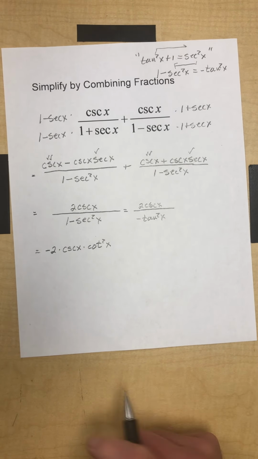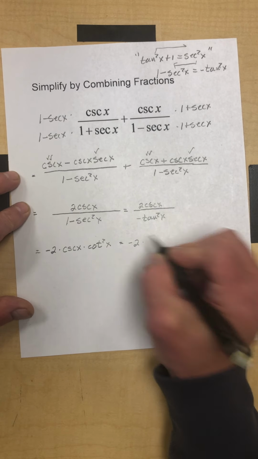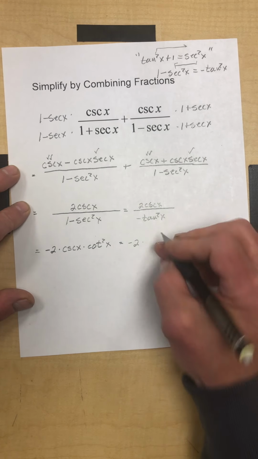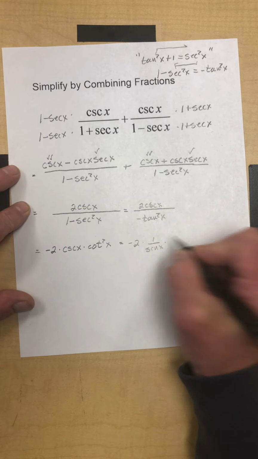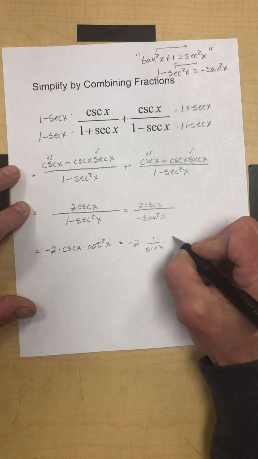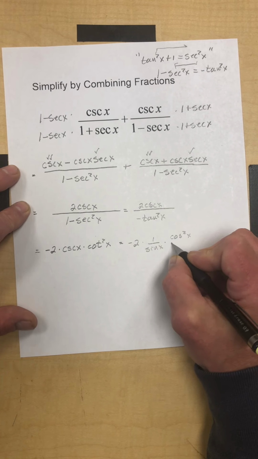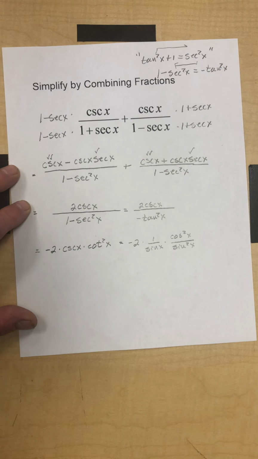Let's see what happens here. So I've got that negative 2. Cosecant is the reciprocal of what? Sine. So that's 1 over sine of x. And cotangent is cosine squared of x over sine squared of x, like that.